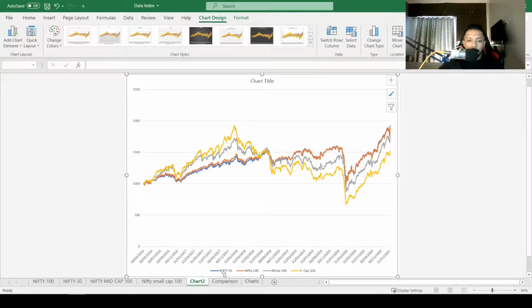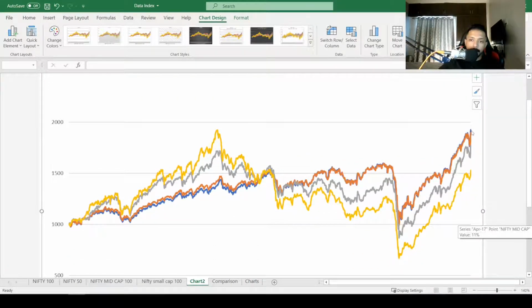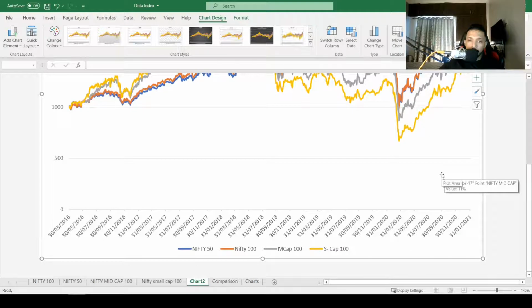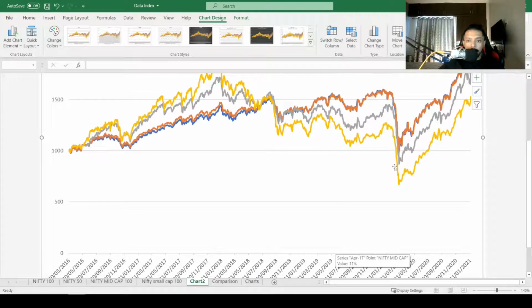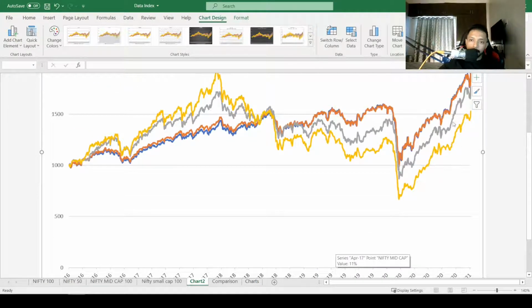So Nifty 50, if you see, is at the top. Okay. The blue line that you see, it's even beating mid cap. Okay. If you see, the lowest one is the small cap. Okay. And you can see the dip in performance of the small cap. If you see mid cap, it's somewhere out here.